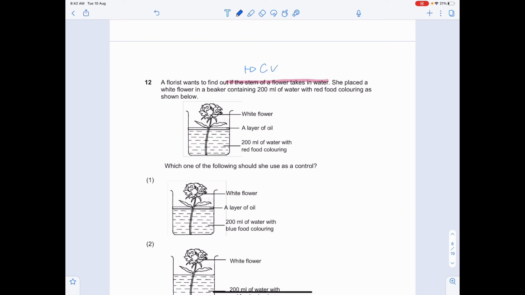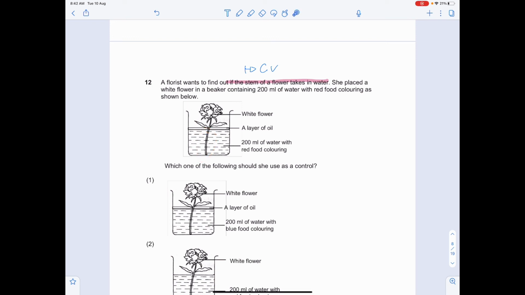When you do an experiment, you want to prove that the result is due to a certain factor that you're investigating, and in this case it is whether or not the stem is the one that takes in water. So let's just say in one setup, you already have your stem.